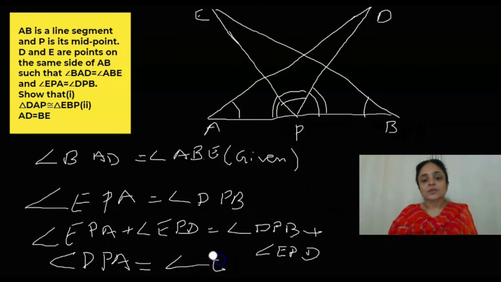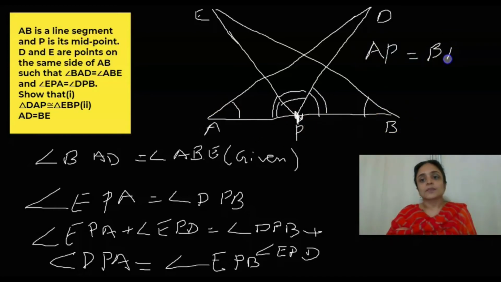So, this is equal to angle EPB. So we got two angles which are equal. We got this angle to be equal and these two angles to be equal. And we want one more side which has to be equal. And for that we know that this P is the midpoint. P is the midpoint of AB. So this AP will be equal to PB, right?